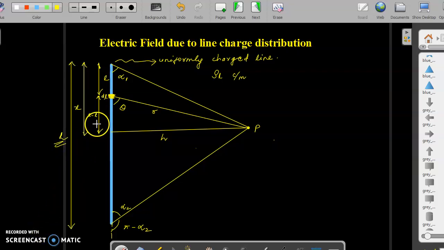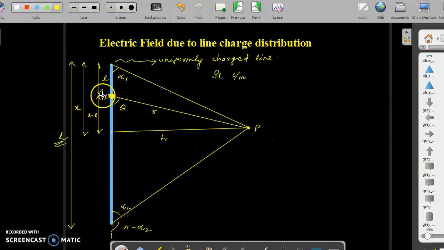and there you can see a small line segment delta L, which is at a distance L from one end of the line, and there is a point P, which is at a distance of x from the end of this line.